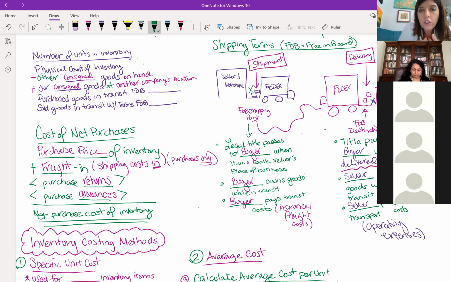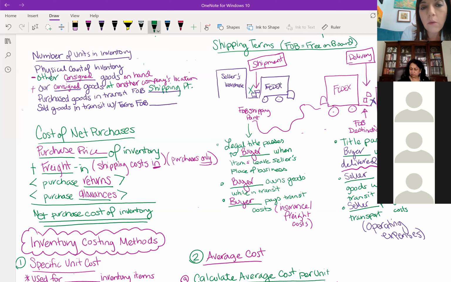And if these goods are in transit, under which terms do we actually own them? Shipping point. Yep. So any of the purchases that a company makes, as long as the seller has actually sent the goods off to UPS, FedEx, the shipping has begun, that means that those units in transit are ours.